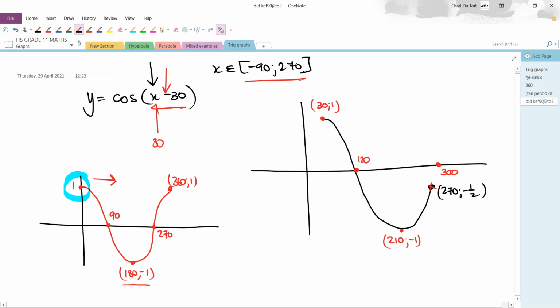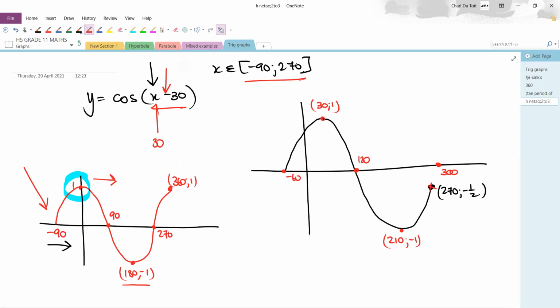Okay, cool. Now I have to go back 90 degrees. So this was, if I go back 90 degrees on my initial graph, it will be there somewhere now. So going back 90 degrees will not be 90 now. It will be 90 moved 30 to the right. So this one will be just negative 60 there. So I have to continue with the graph.